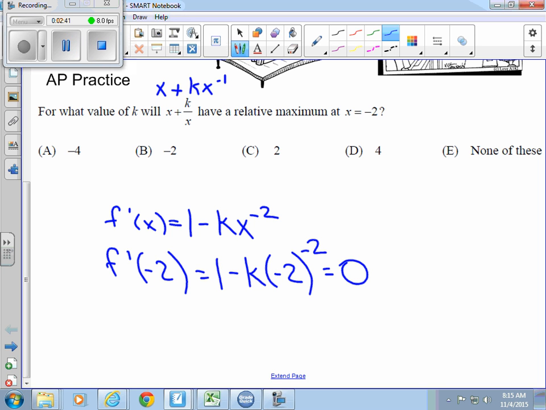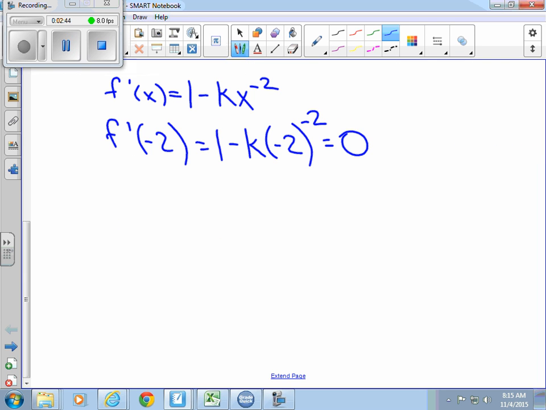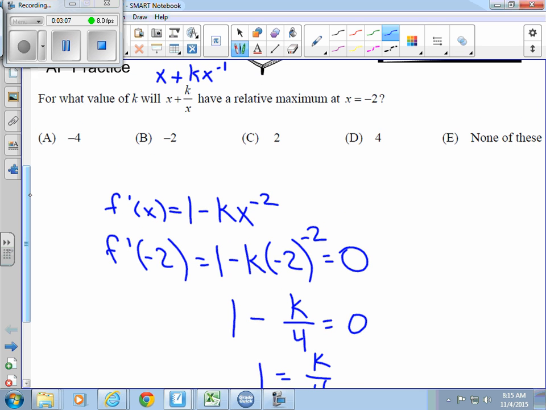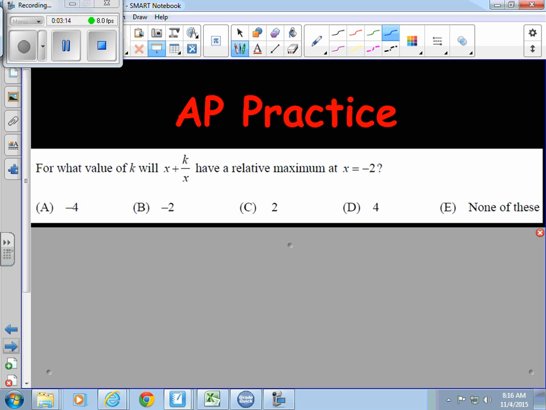And so that equals 0. -2 raised to the -2 power is 1/4. Negative flips and square. So 1 minus k over 4 equals 0. So k is 4. Any questions about that? That's probably the answer.